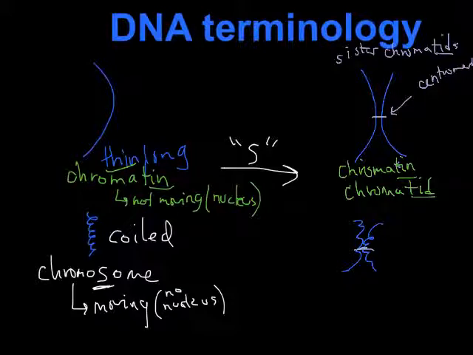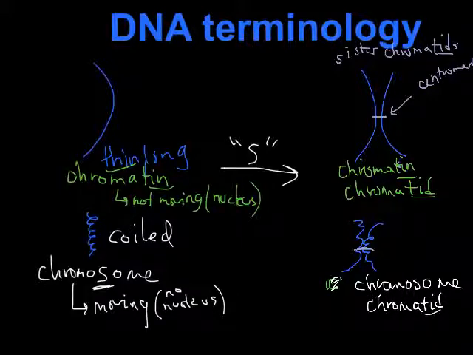And then this one, since it's coiled, would be chromosome, and because it's paired, chromatid. So tin is thin, some is coiled. It will always be one of those. If it's paired up, it's also a chromatid.